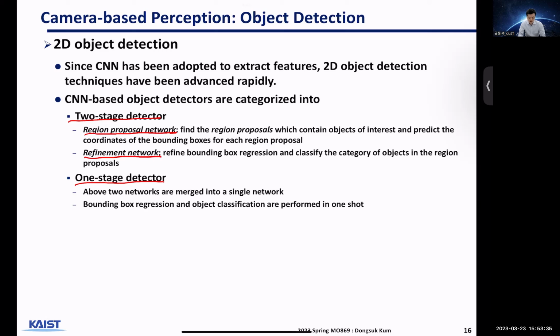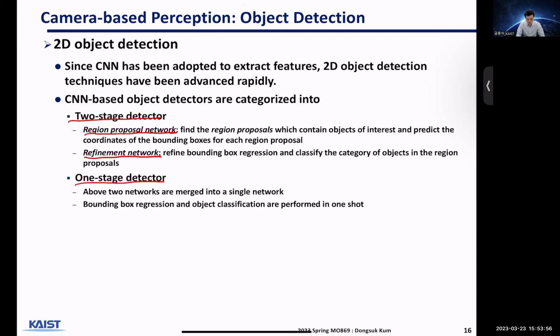The region proposal network roughly finds where an object is first, and then the refinement network fine-tunes the bounding box regression to get better accuracy and performance.